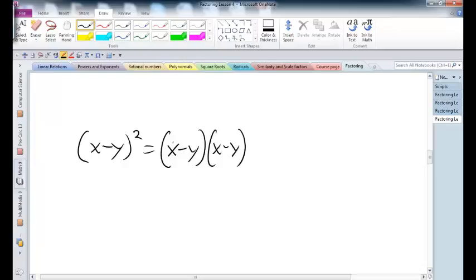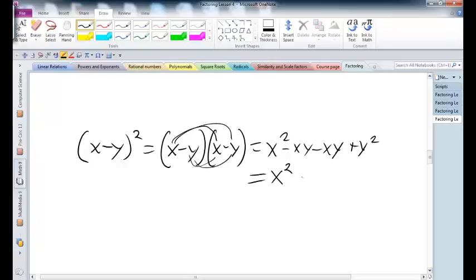If we distribute that out, we'll have x squared minus xy minus xy plus y squared. Let's collect up the like terms, and we have x squared minus 2xy plus y squared.